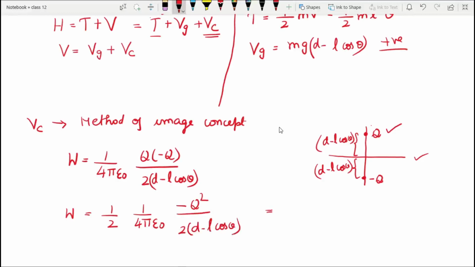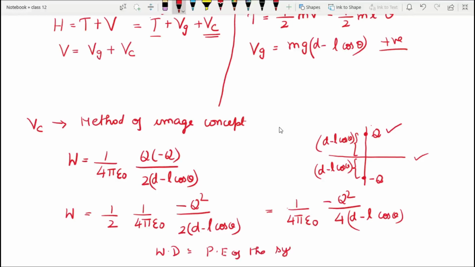That will be equal to 1 by 4 pi epsilon naught times minus q square divided by 4 into d minus L cos theta. Right? So the work done is equal to the potential energy of the system. So this is the potential energy Vc.